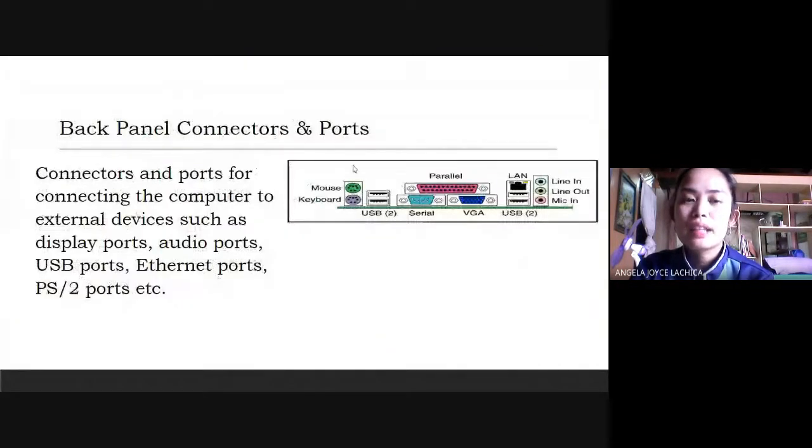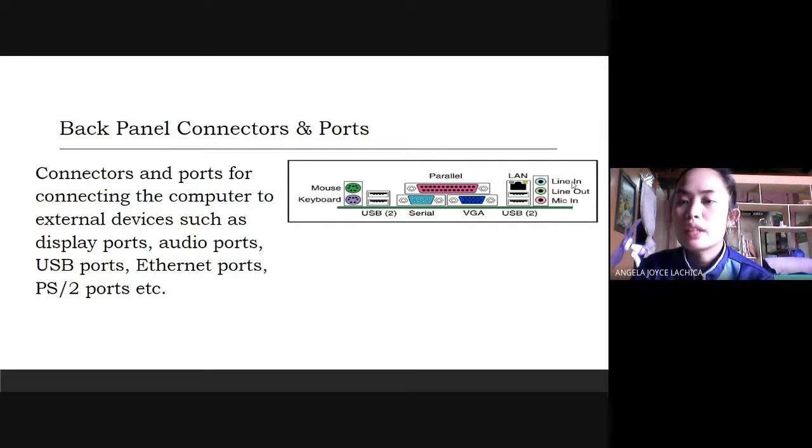The first is the back panel connectors and ports. So ito yung itsura niya. Connectors and ports for connecting the computer to external devices such as display ports, audio ports, USB ports, Ethernet ports, PS2 ports, etc. So nasa ito yung mga sinasaksakan natin ng mga ports.